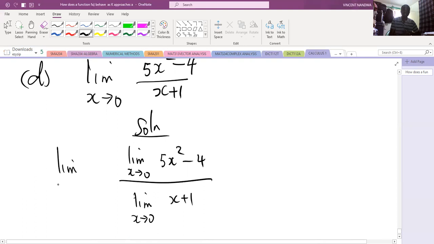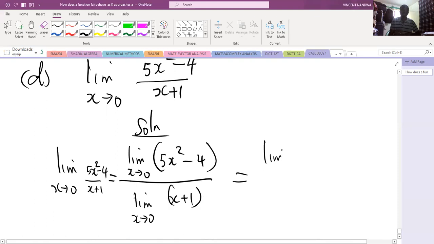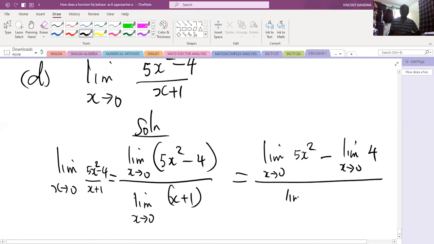And this will be the same as limit as x approaches 0 of 5x squared minus limit as x approaches 0 of 4, divided by limit as x approaches 0 of x plus limit as x approaches 0 of 1.